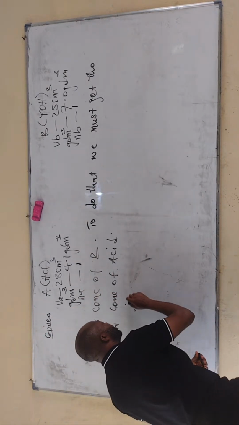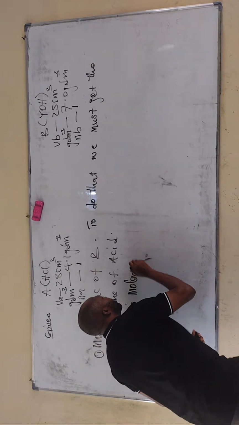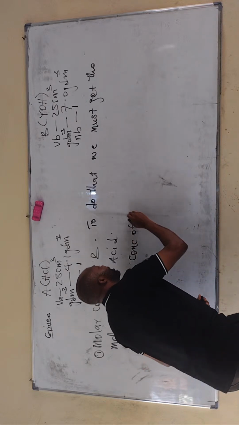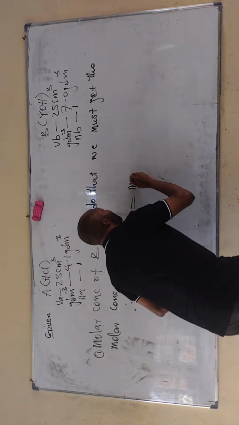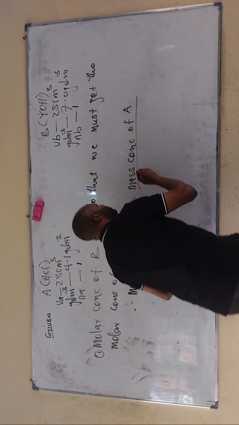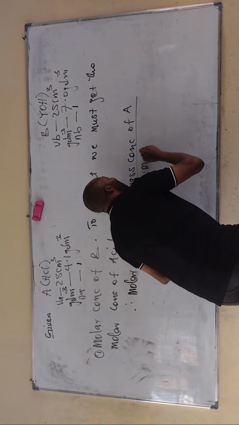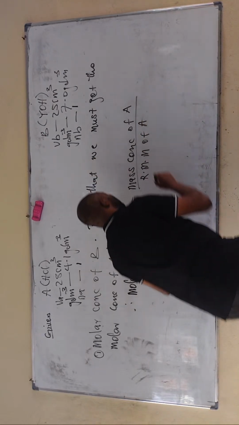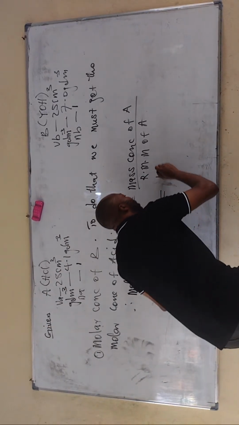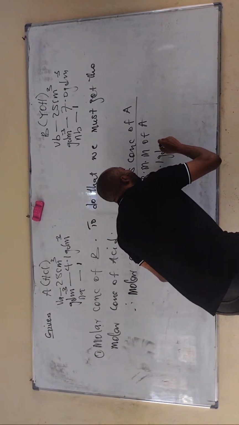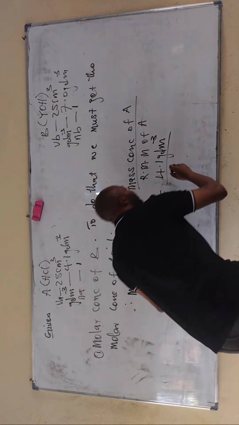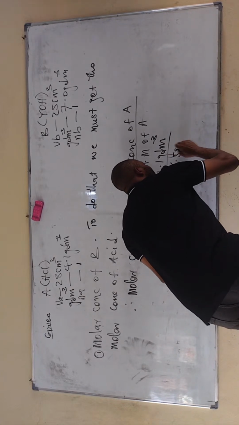I will therefore say molar conc of A is equal to mass conc of A over relative molecular mass of A. The mass conc of A is given to be 4.1 g/dm³. The relative molecular mass is 36.5 g/mol.